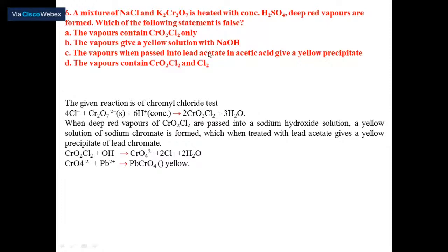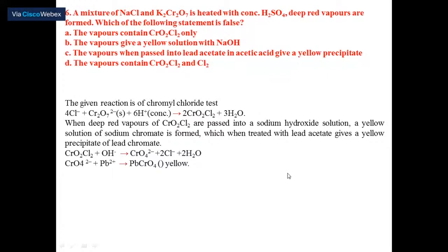This is also correct: yellow solution with NaOH. Then vapors passed into lead acetate give yellow precipitate, that is also correct. Now which is the wrong statement? Vapors containing chromyl chloride and chlorine is the wrong statement. You can observe by looking at the reaction.